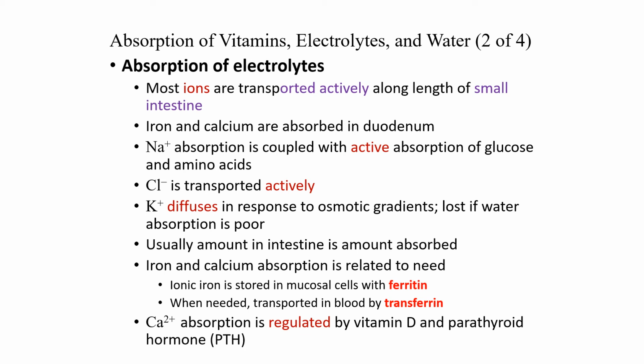So iron and calcium can be absorbed depending on your need. Iron is stored in the mucosal cells by ferritin. You need to couple iron and ferritin.